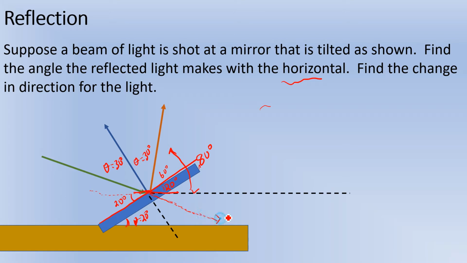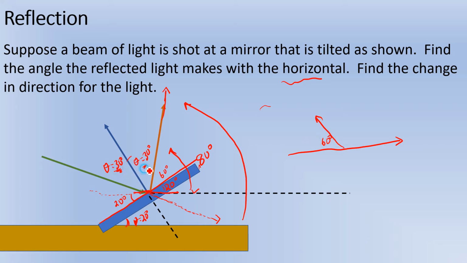So the light was going down here, so the change in direction is this. It's coming up here now because it's been reflected. So I'm going to look at this as basically a flat line. That's my incoming light. And I have a section over here where there's essentially 60 degrees.